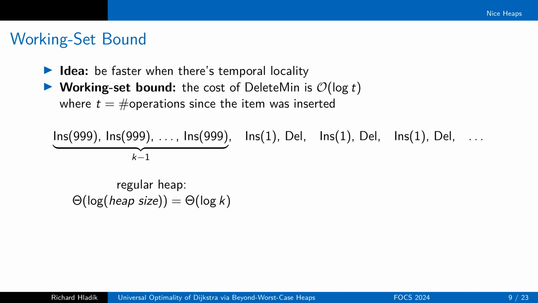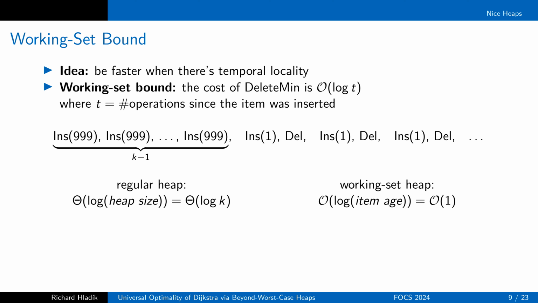If we use a regular heap, then each delete min will cost us log k, because the heap size is k. On the other hand, if we use a working set heap, each delete min will only cost us a constant, because the age of the item is constant. So you can see that at least on some sequences we can perform much better if we have a working set heap.